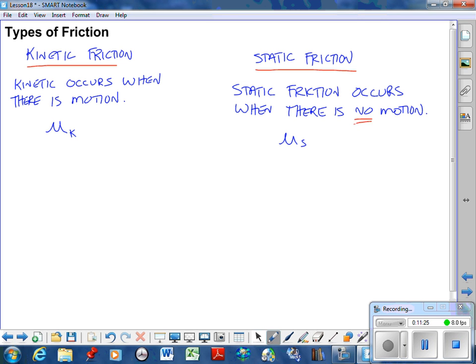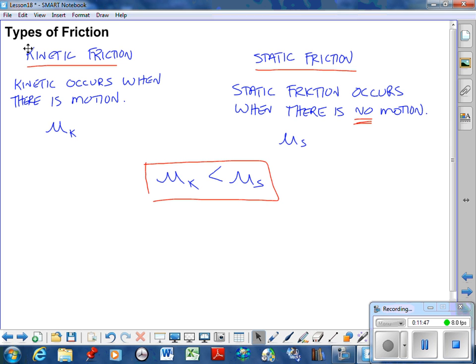Now, always, and hopefully you've discovered this in the lab, that kinetic friction is always smaller than static friction. Always. So kinetic friction is always less. That's because it's easier to keep an object in motion than it is to get it started.